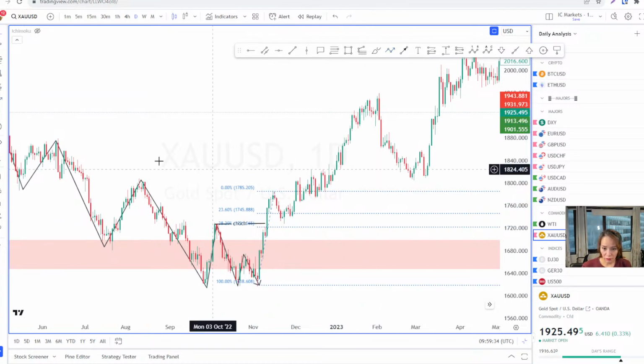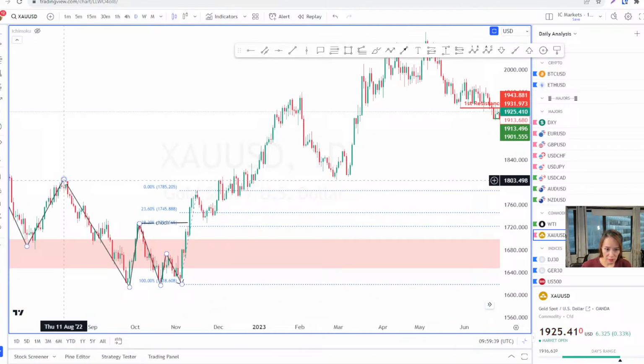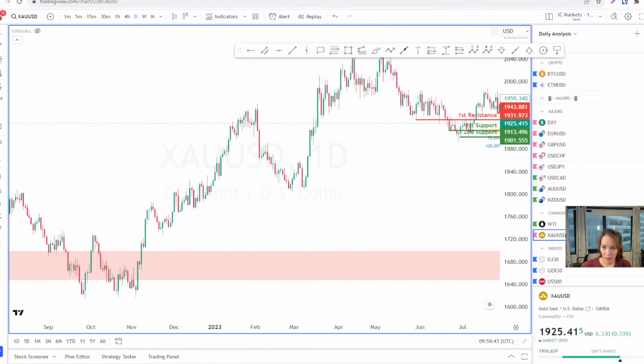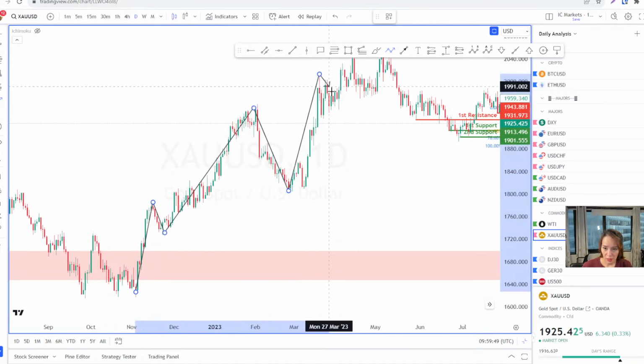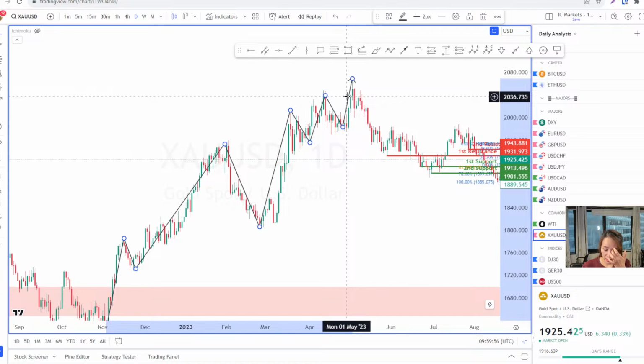So you can see that it changed from downtrend to uptrend. In the uptrend, price makes a higher high, higher low, higher high, higher low, and up until here.